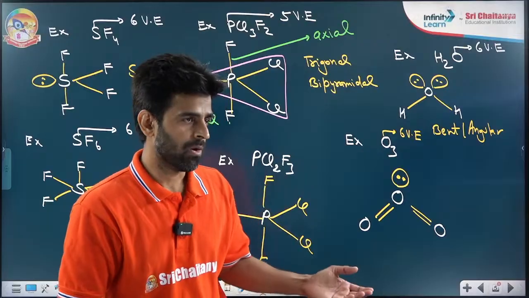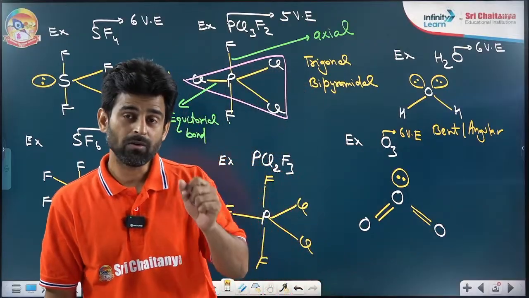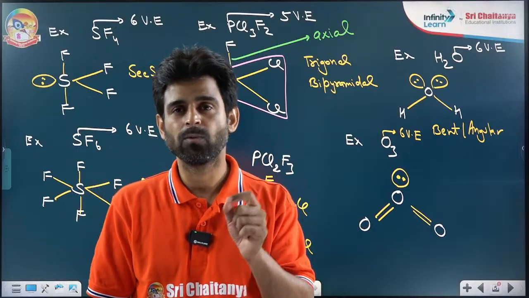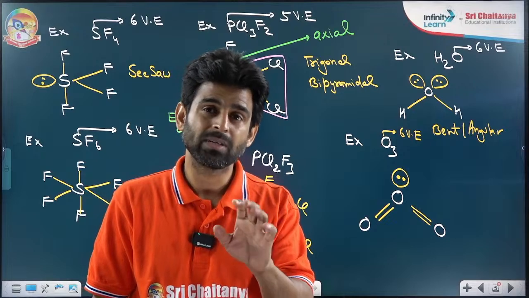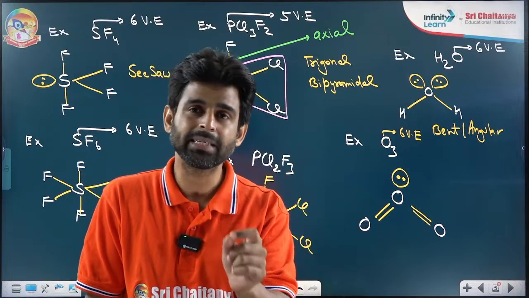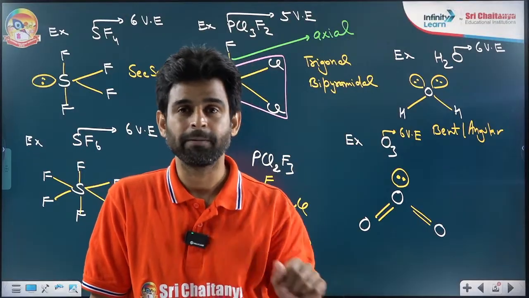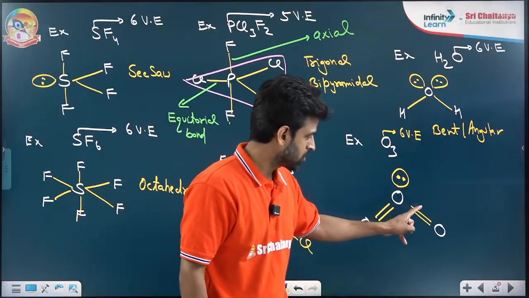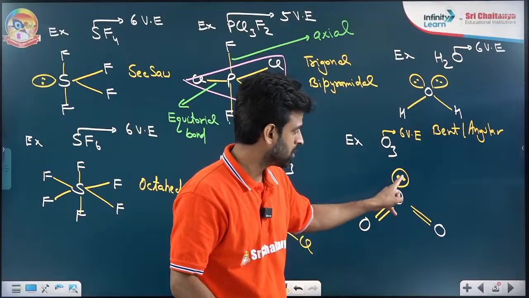And we can see oxygen can make 4 bonds, not an issue. But now we have to take care of one more thing: second period elements like beryllium, oxygen, carbon can't have more than 8 valence electrons. If you count here, 2 bonds, 4 bonds, 4 bonds means 8 electrons, and oxygen also has a lone pair.